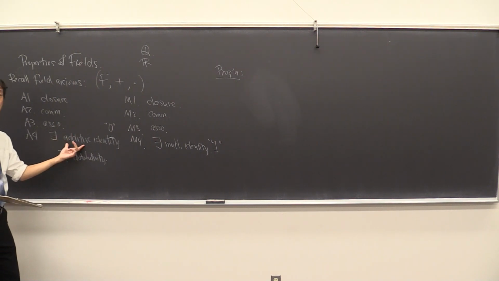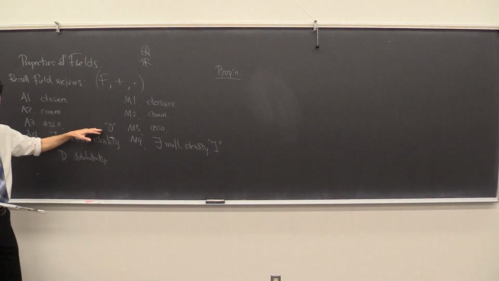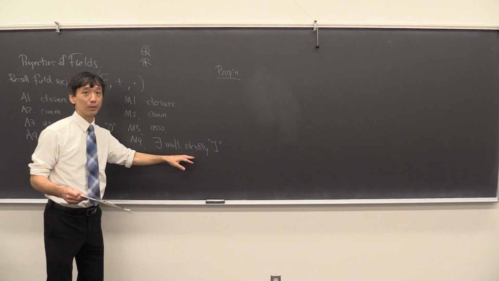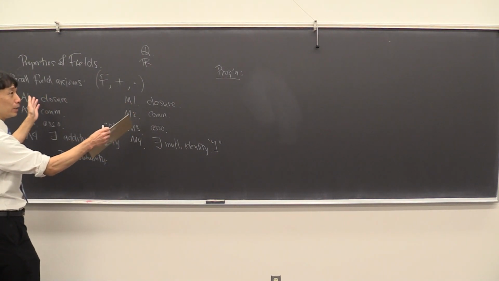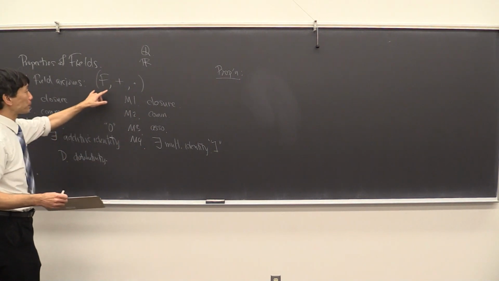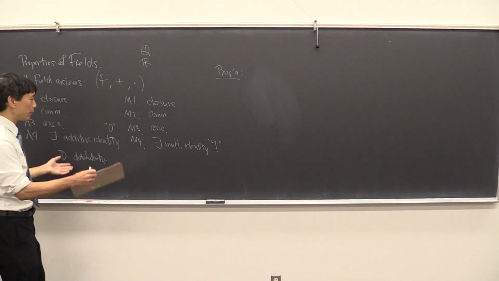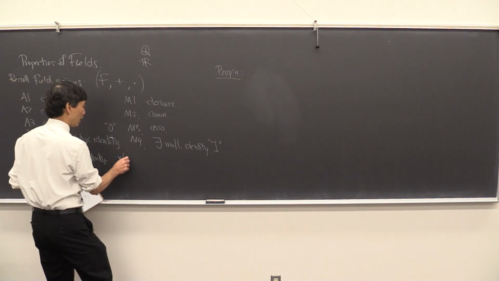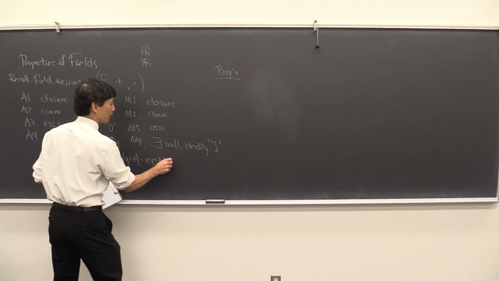There is an additive identity, something that you add and nothing happens. There's a multiplicative identity, something that you multiply and nothing happens. And then there's a way that these things interact with each other: multiplication and addition interact distributively. So if you have x times (y plus z), that's going to be x times y plus x times z.